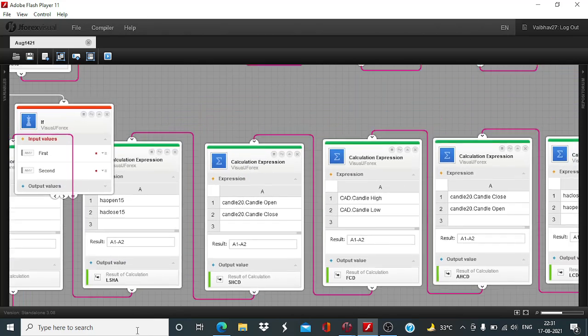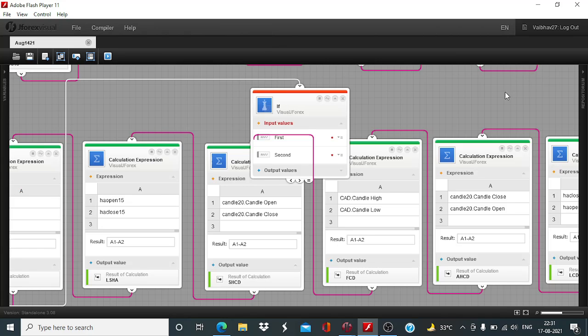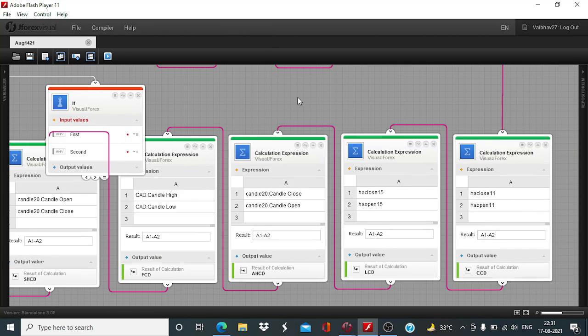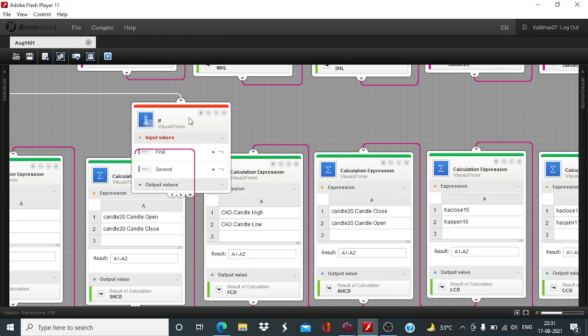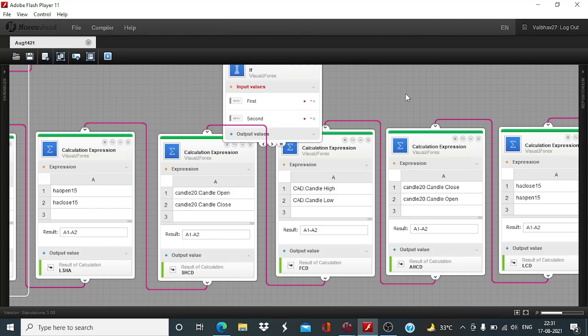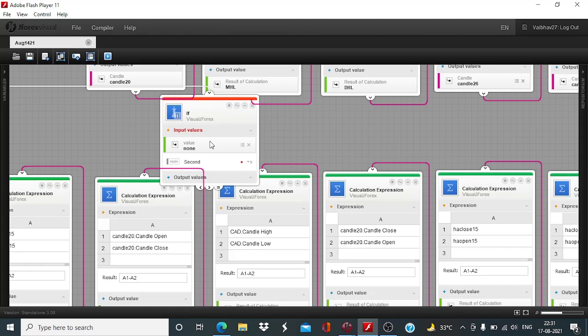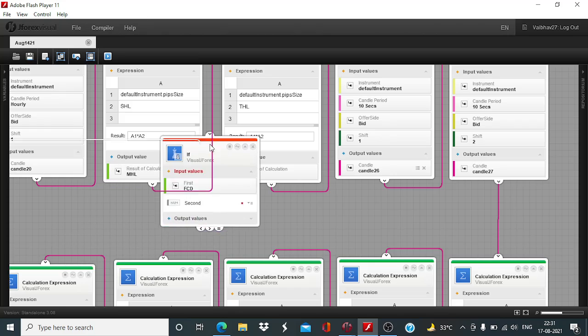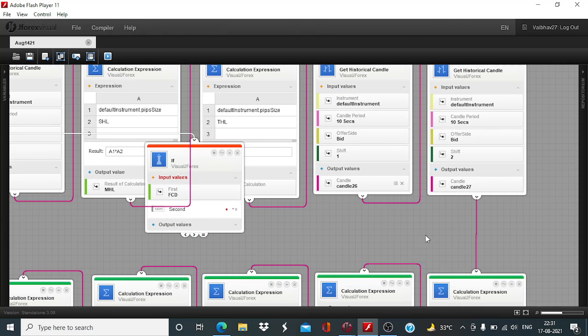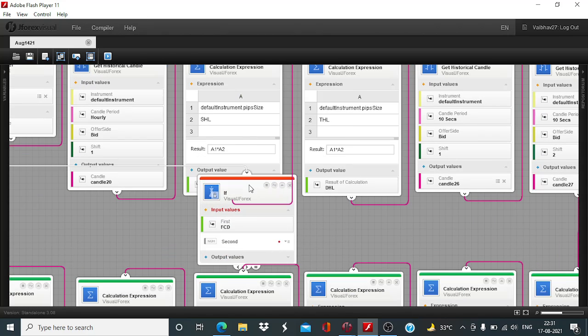And also we need the last 4 hours high and low difference to be greater than 20 pips. So FCD will need to be greater than DHL.